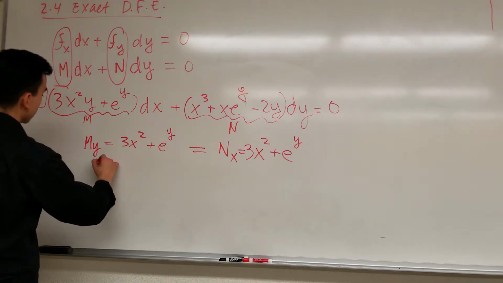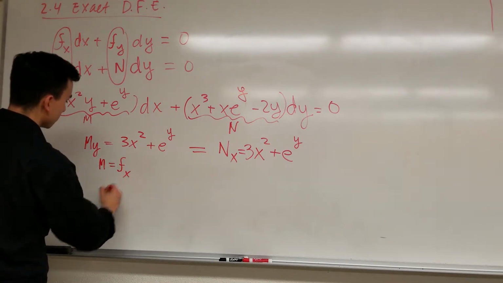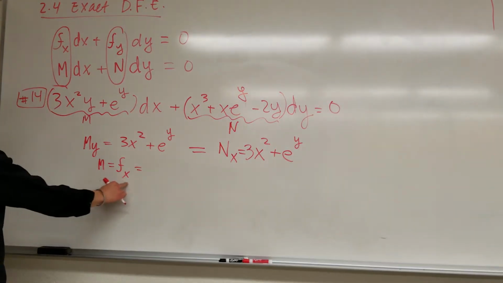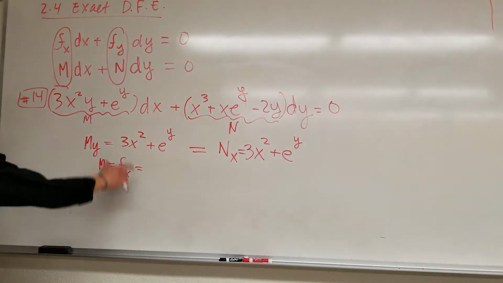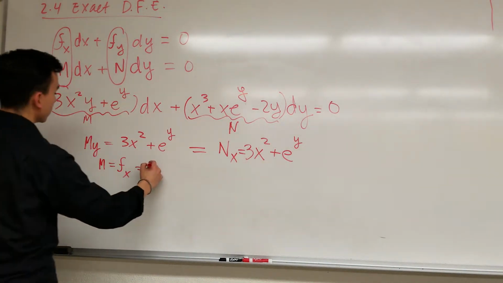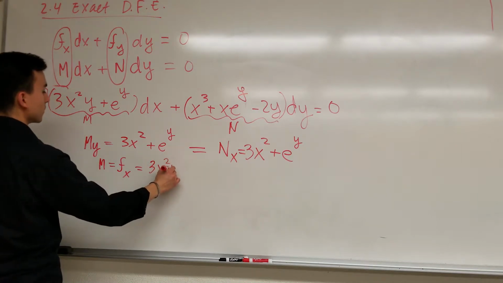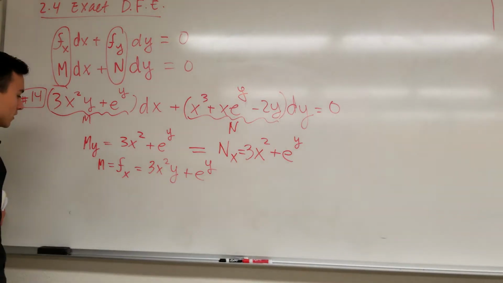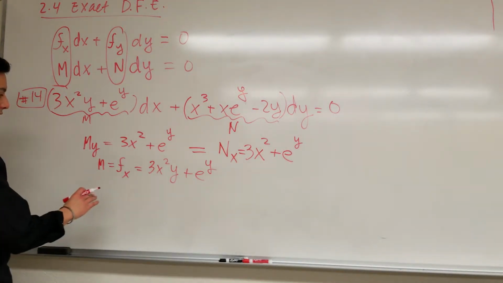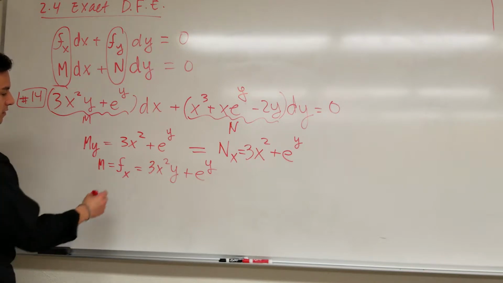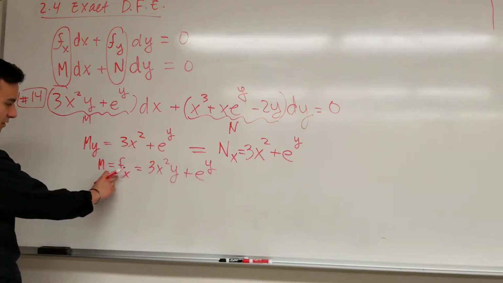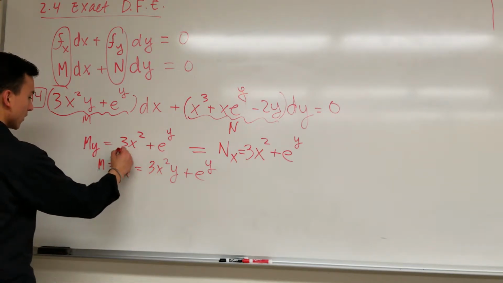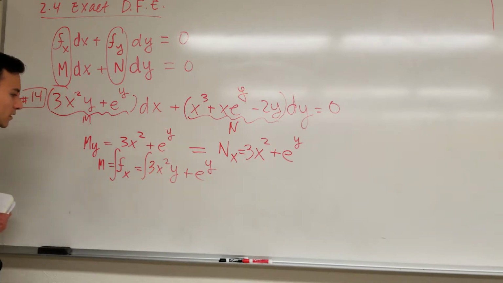We're going to use the fact that M is equal to the partial of f with respect to x. So this is my M, and I'm going to write that down: 3x^2 y + e^y. Okay, great. Now I'm going to try to find that little f. So how do I change this partial derivative into a little f, the f by itself? Well, I'm just going to take an integral of both sides.